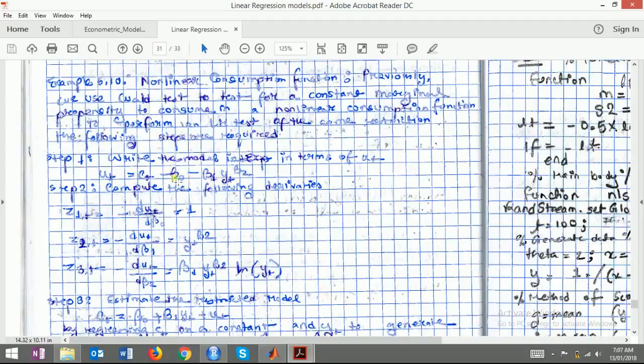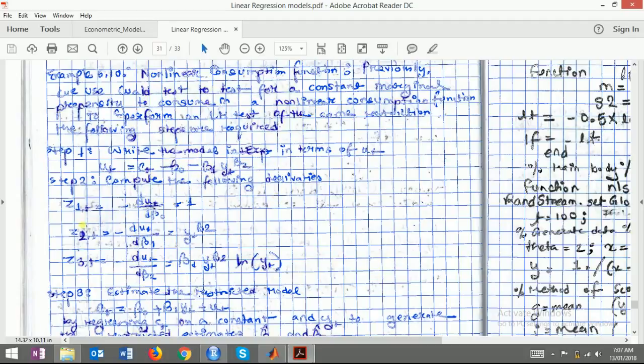Step 2, compute the derivatives: Z1T, which is dU_T by d beta naught, is 1; dU_T by d beta 1 is Y_T to the beta 2; and dU_T by d beta 2 is beta 1 Y_T to the beta 2 times log of Y_T.